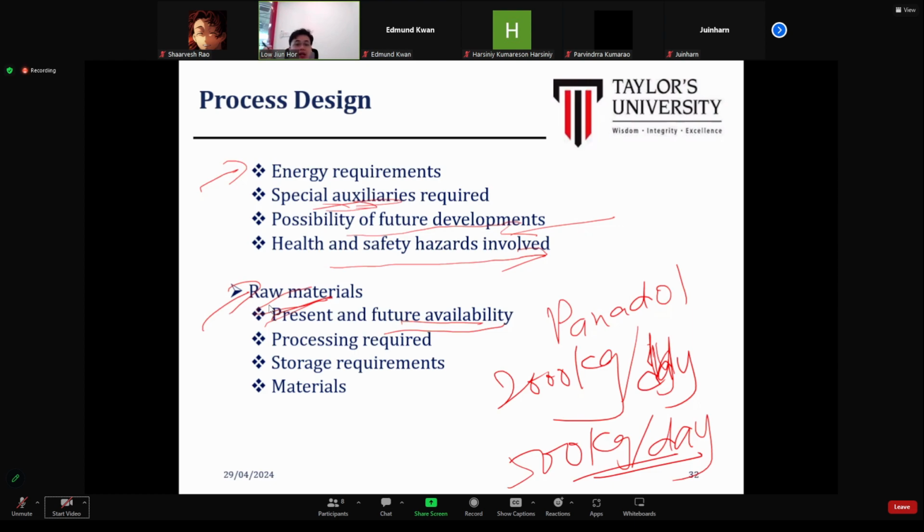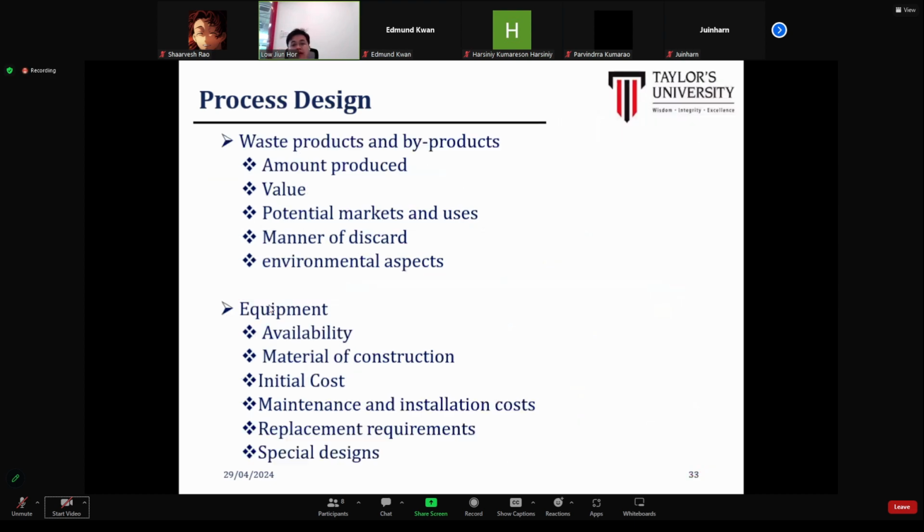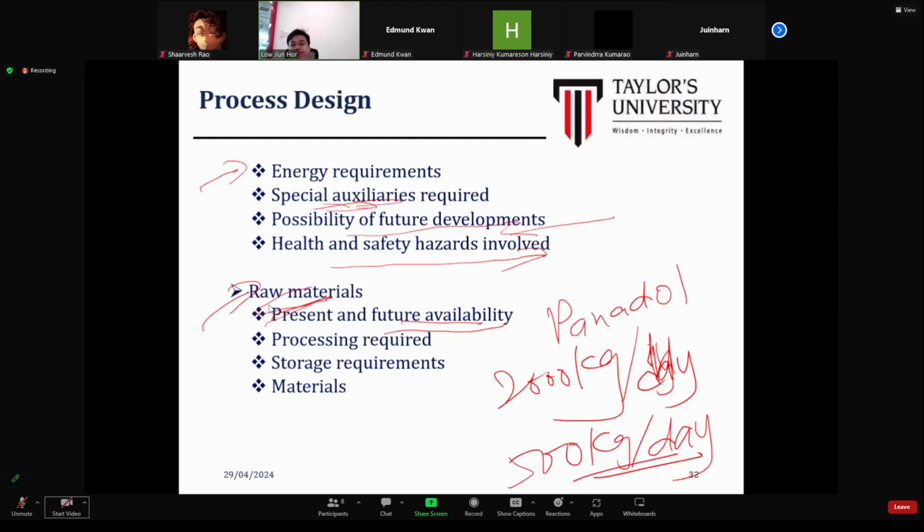And it can directly impact the total amount of profit that you are going to generate by using your plant. And also, if later your customer's request, their booking, is every day 2,000 kilograms, but you're only able to provide 500 kilograms, then how are you going to reply to your customer?